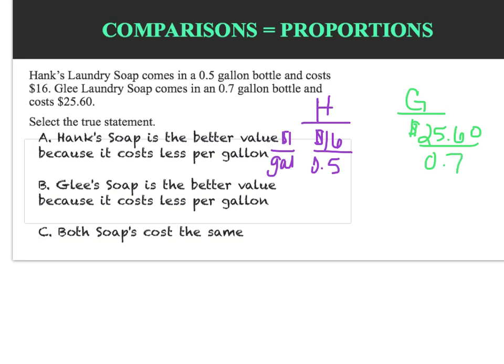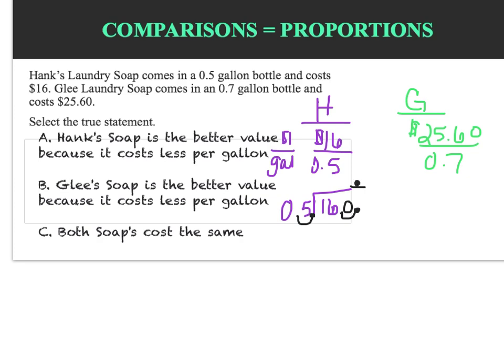So I need to be able to compare, find the unit rate, which means I'm dividing. So I'm going to do 16 divided by 0.5. Remember, anytime I have a decimal on the outside, I need to move it over once. So I put the decimal at the end of the number, move it over, and add my 0. Bring my decimal up.